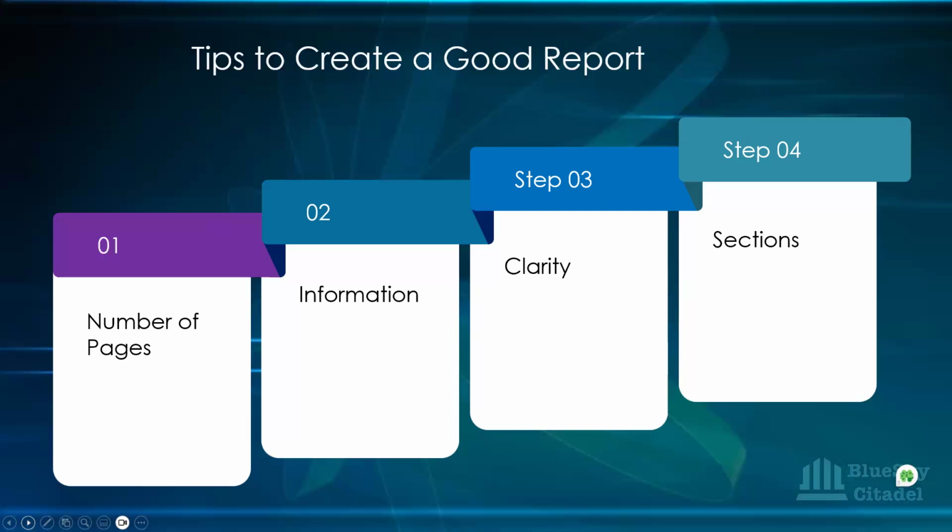Because there are times when we do reports, we want to do good reports, we want to be impressive in our report writing. But believe me, the people that are reading reports are not interested in how polished your English is. They just want it straight to the point. So you have to be clear in the information you're giving them, and also section it, structure it in such a way that it's not all over the place.